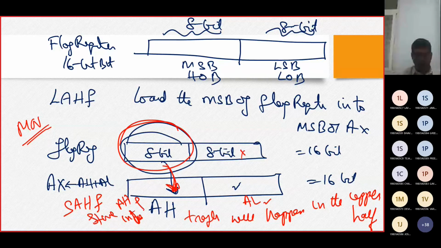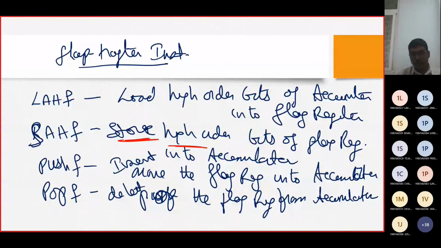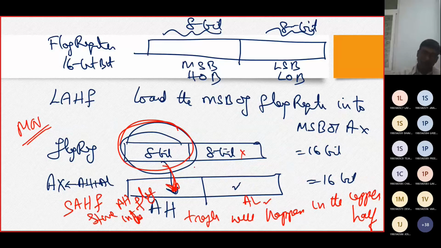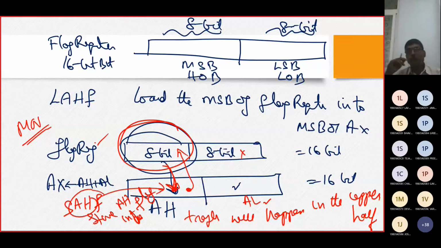That means in the accumulator we have 8 bits, and these 8 bits I am going to move into the flag register. So when is it possible? It is possible when we say store AH, that is, store accumulator high order bits into the flag register.